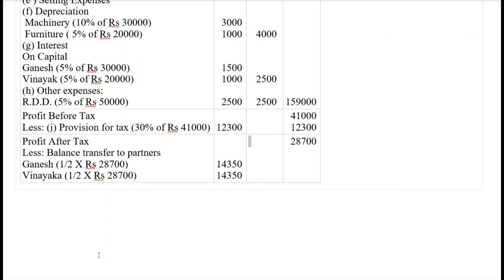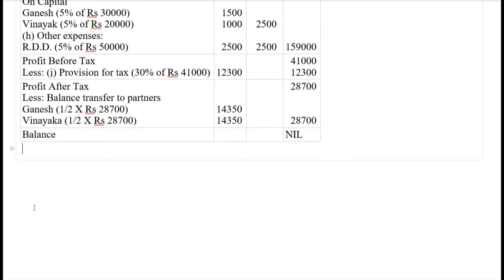The sum of this will be 28,700. The balance, if any, will be transferred to general reserve here. So this is how we should prepare the statement of income and expenditure.